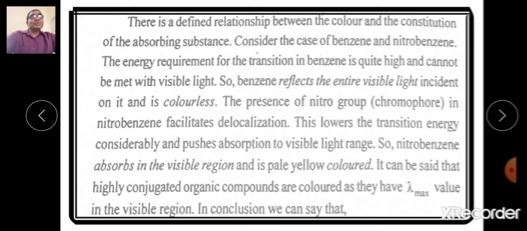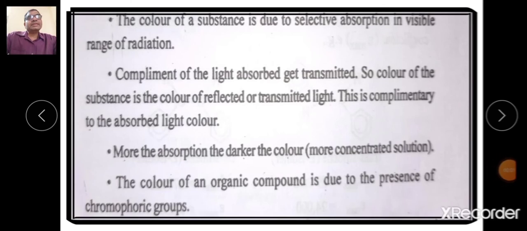So nitrobenzene absorbs in the visible region and it is pale yellow colored. When a chromophore is added, it favors the delocalization and therefore the absorption in the visible region. Therefore it can be said that highly conjugated organic compounds are colored as they have lambda max value in the visible region. Let us summarize.